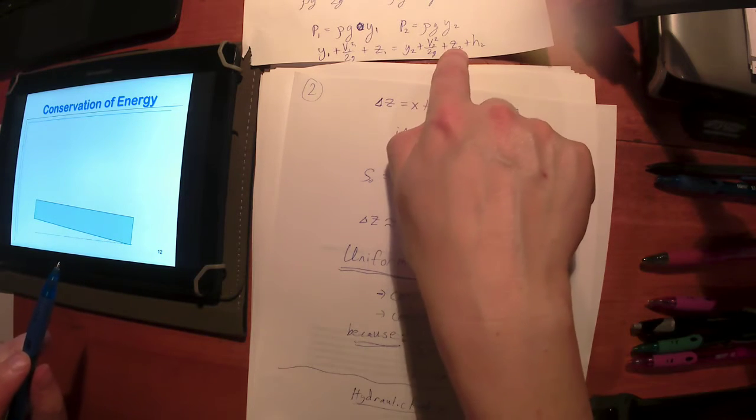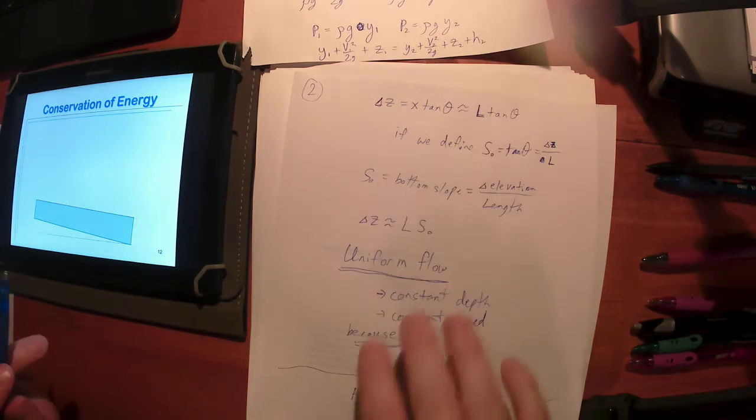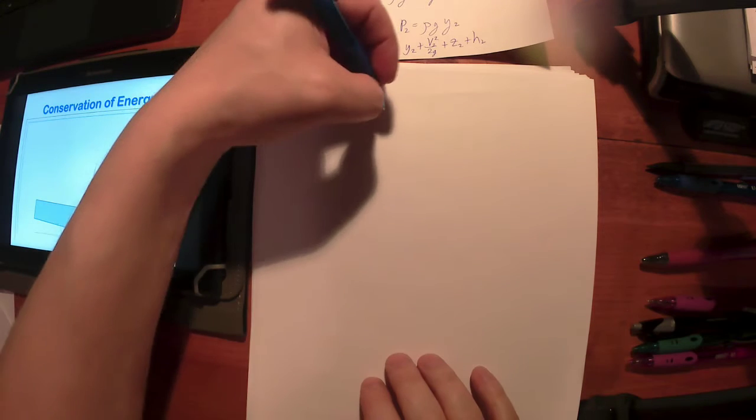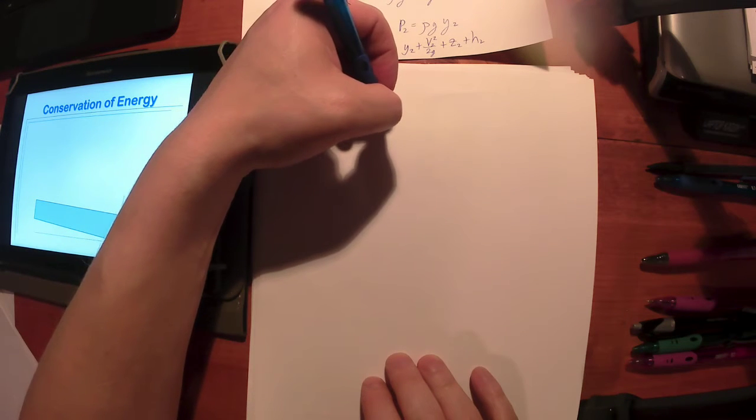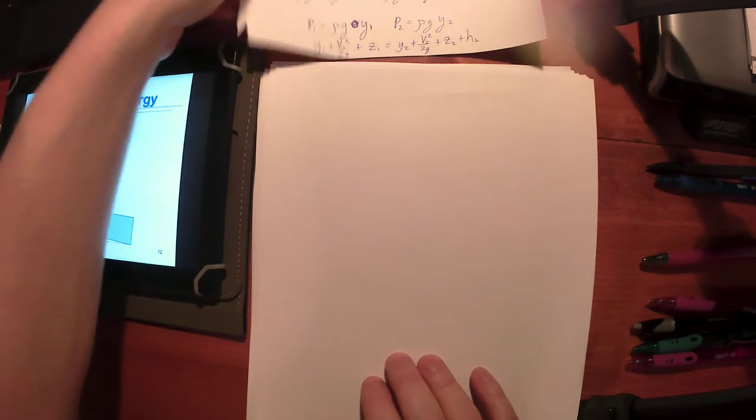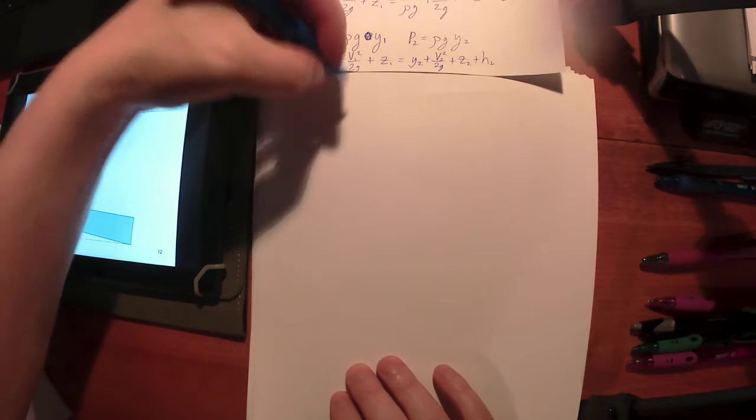Well, I've got a change in elevation here, Z1 minus Z2, or vice versa. So if I do that, let me look at my notes here. If I take this expression, let's do this.